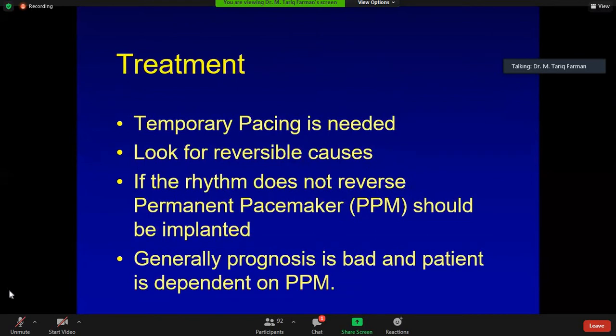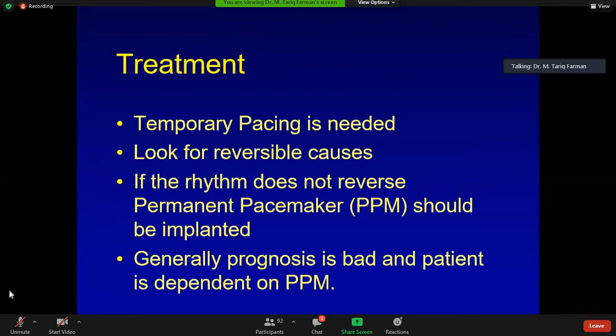Temporary pacing is needed because you see that the heart rate is less than 40, and usually if the heart rate is less than 40, there's hemodynamic instability, and you need to give some kind of support to your patient. So look for reversible causes.